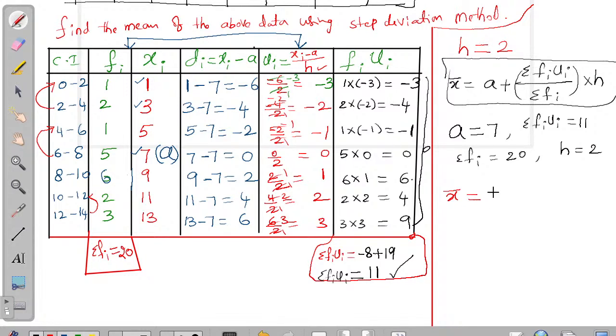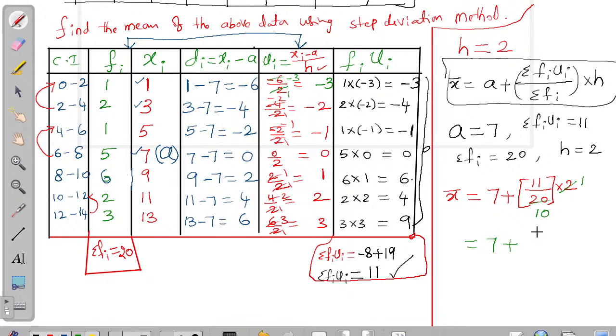Now substitute all the values. X bar is equal to a means 7, 7 plus 11 by 20 into 2. For this, here 2 you will cut in the 2 table, 2 ones are 2, 2 tens are 20.